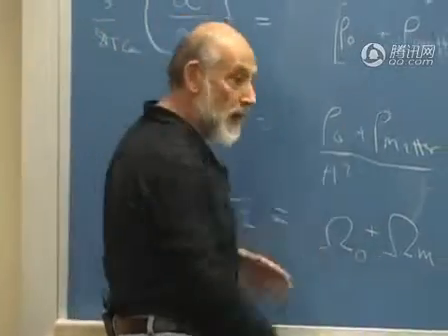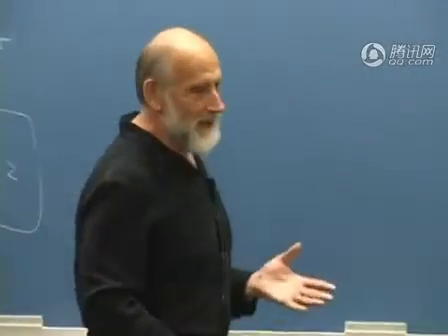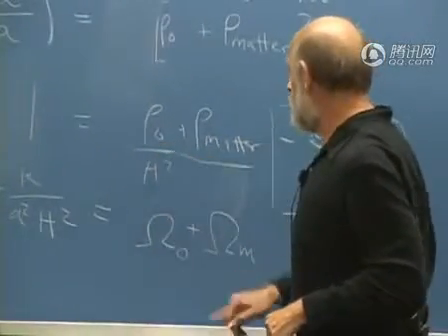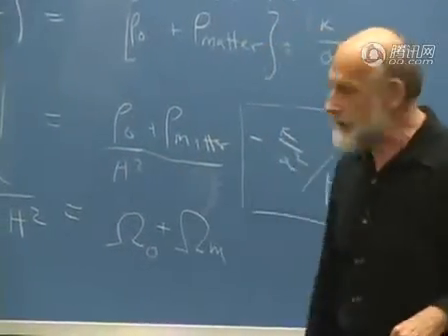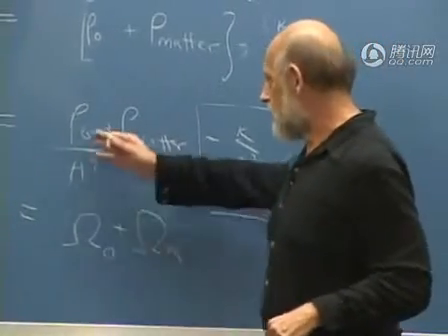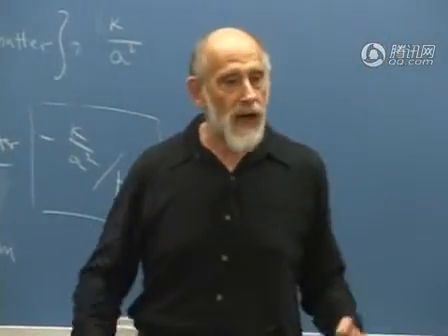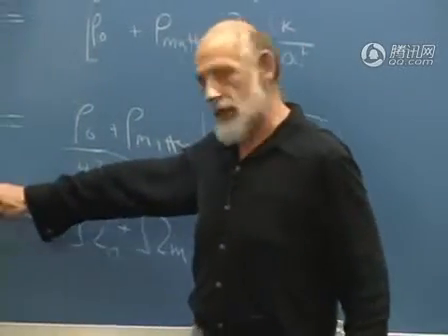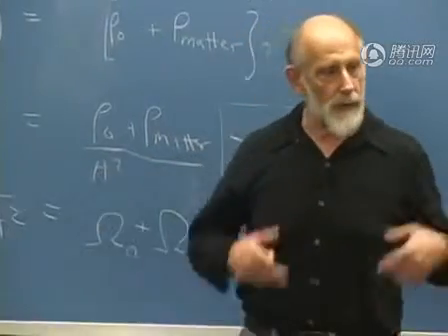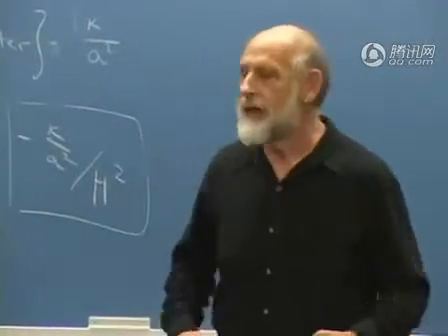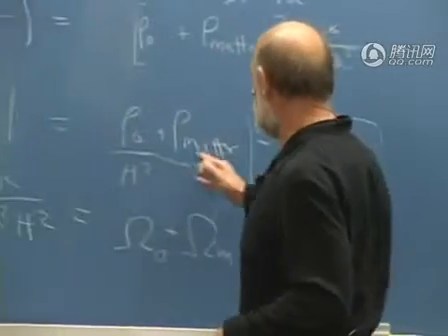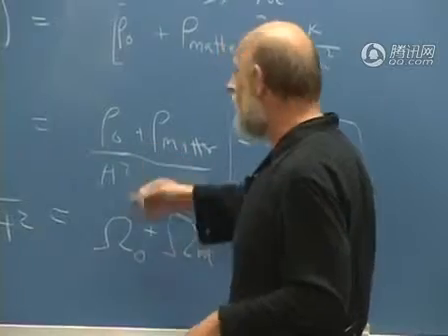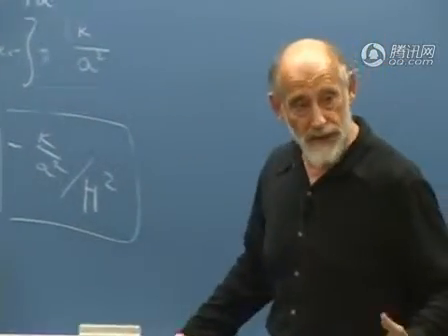You first measure to the best of your ability, astronomically in various ways, the vacuum energy and the matter energy, and you divide by Hubble squared, the sum. The sum may or may not add up to 1. If it adds up to 1, that's an indication that space is flat. So when people say space is flat, it implies that the sum of these two has to add up to 1, and in that case, they really are just a fraction of energy carried by matter and by vacuum.